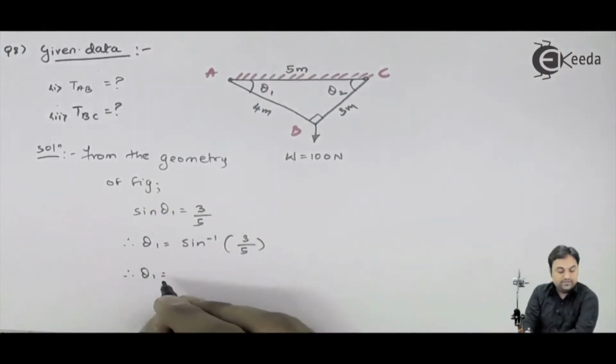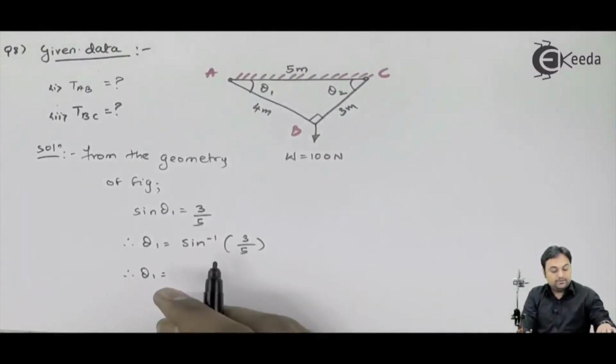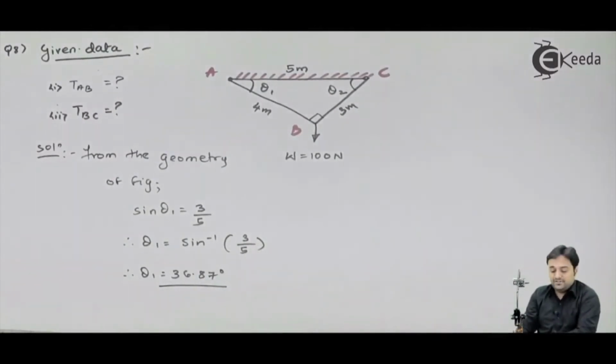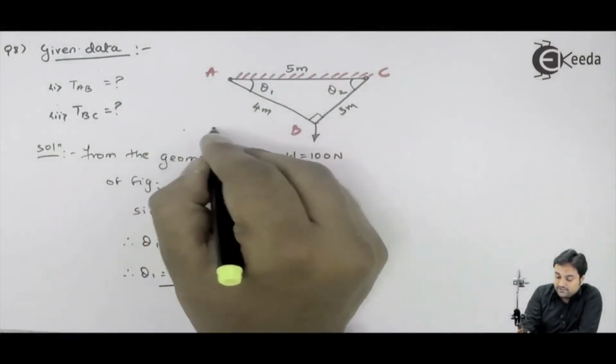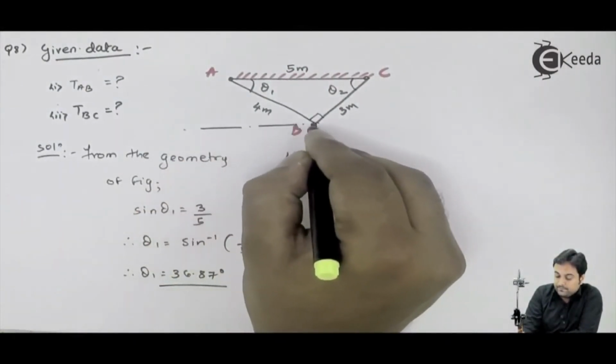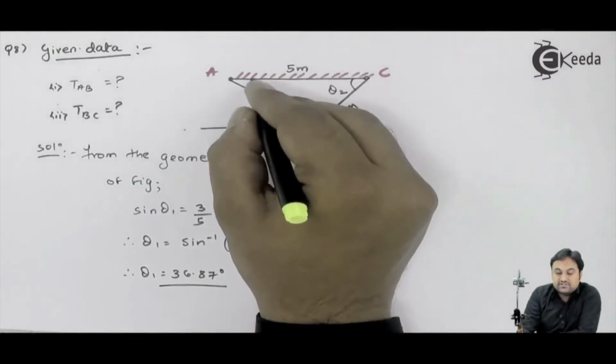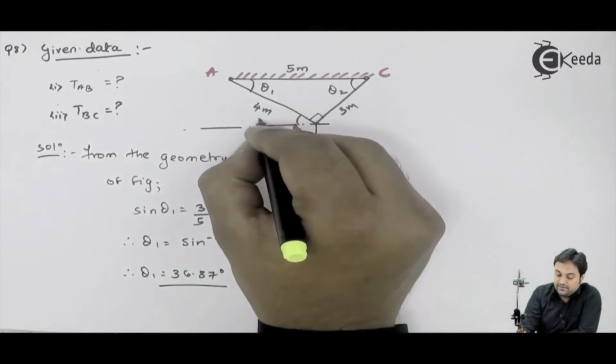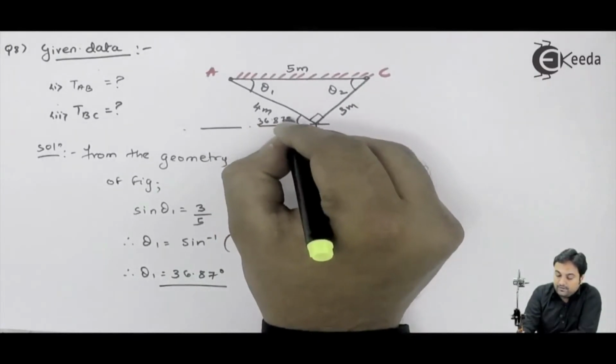Therefore, my answer of theta 1 comes out to be 36.87 degree. This 36.87 degrees with respect to horizontal, so I can mark it here. If theta 1 is here with the horizontal, so even this angle is theta 1 and the answer is 36.87 degree.